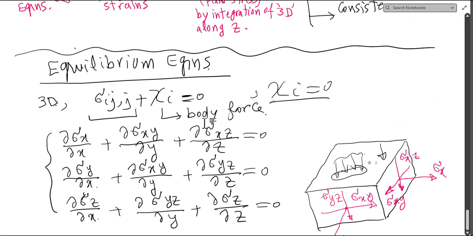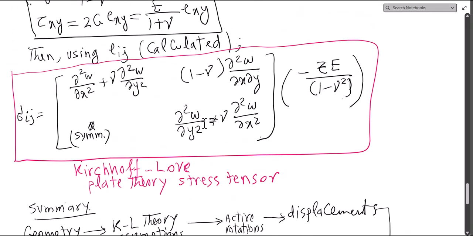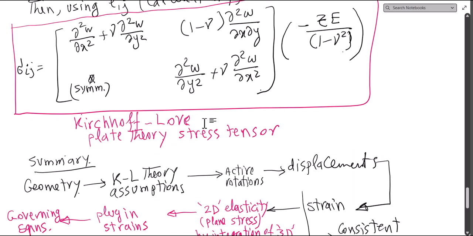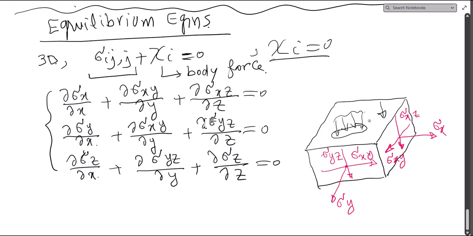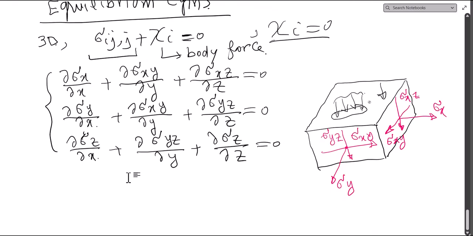These stresses that we calculated so far, based on our kinematics and then kinetics using the averaged Hooke's law in two dimensions, should satisfy this equilibrium equation. This is the bet here.